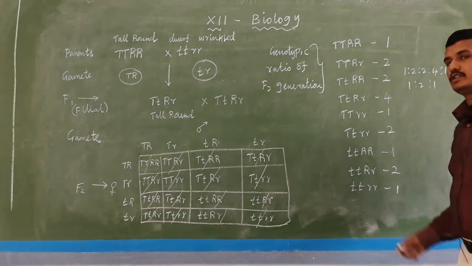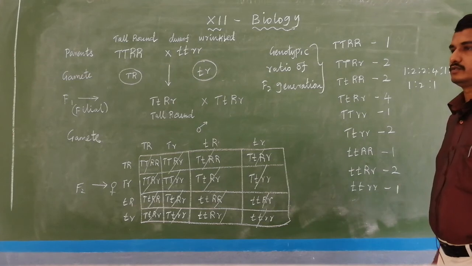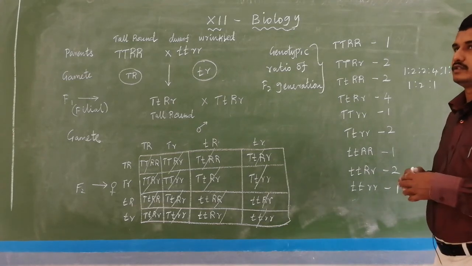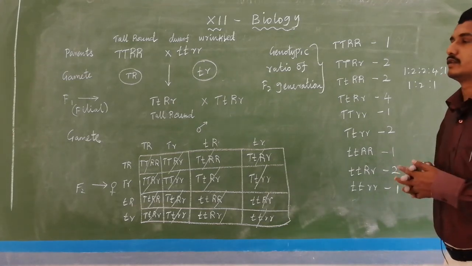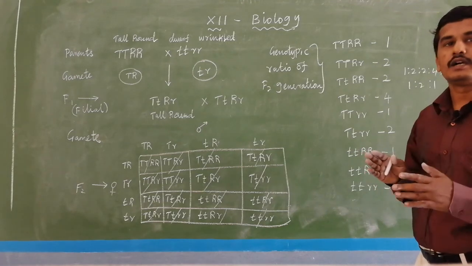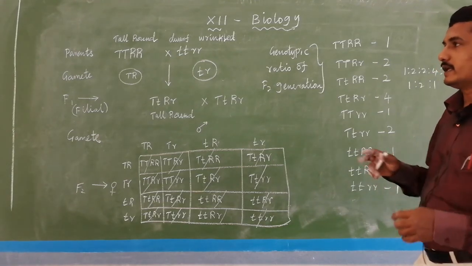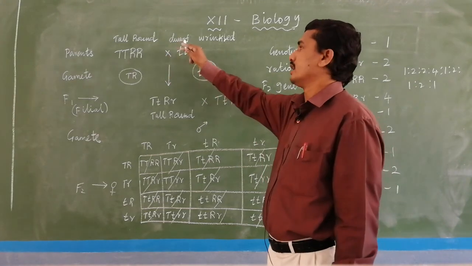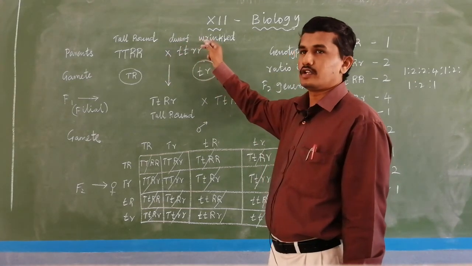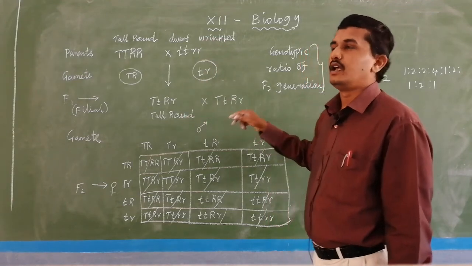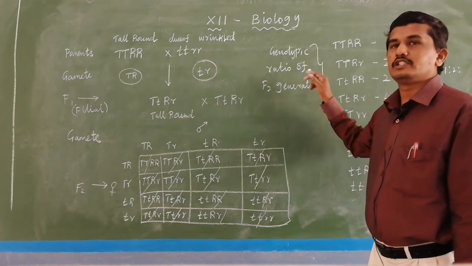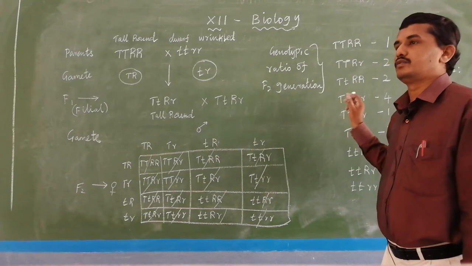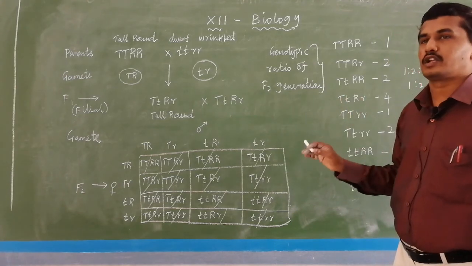Okay, so actually this is only dihybrid cross. In the question, how they are asking: work out a cross between tall pea plant with round seeds and dwarf pea plant with ringled seeds and show the phenotypic and the genotypic ratio of F2 generation. This way questions are asked.